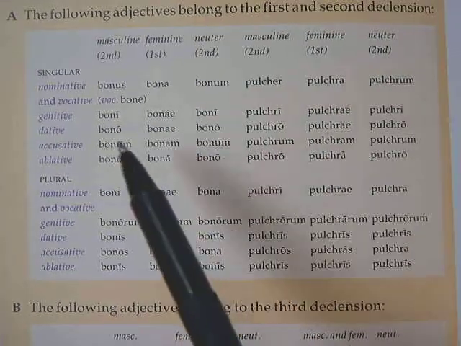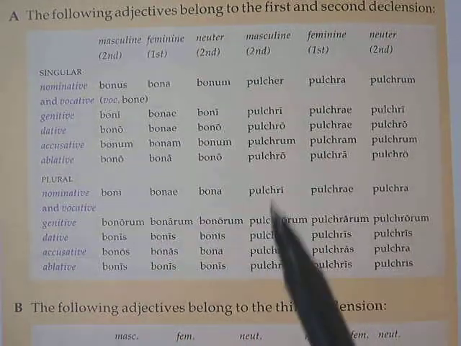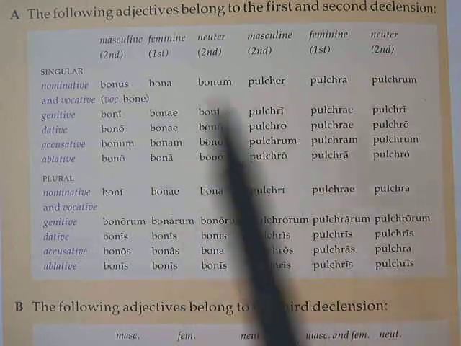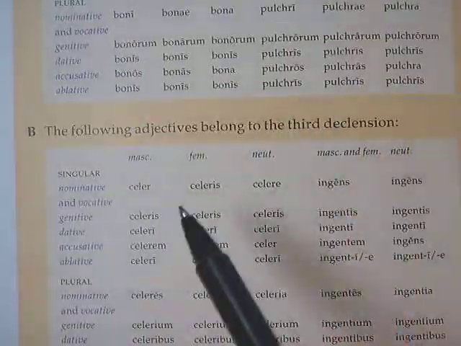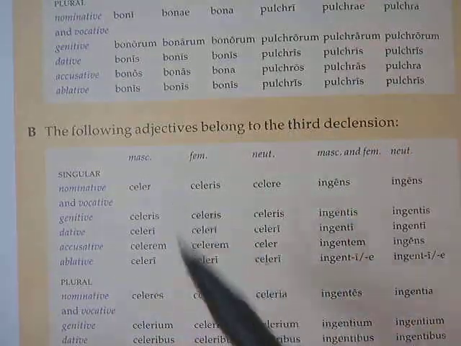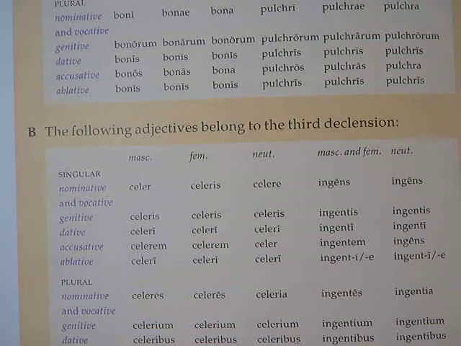So these adjectives, anything that's a third declension adjective follows the third declension endings, and a lot of other adjectives follow the second and the first declensions. So they call this a first and second declension adjective. They call these a third declension adjective because that's how their pattern goes.